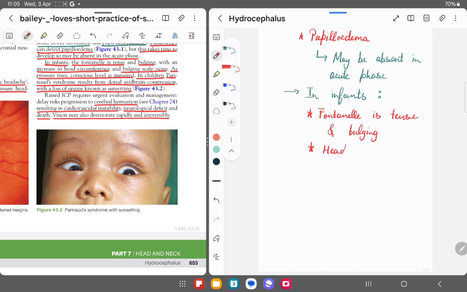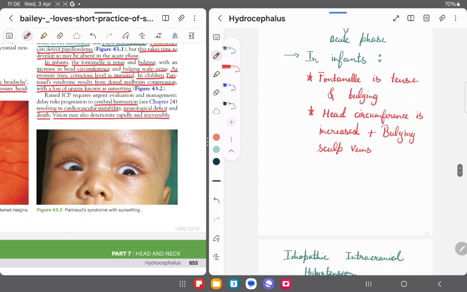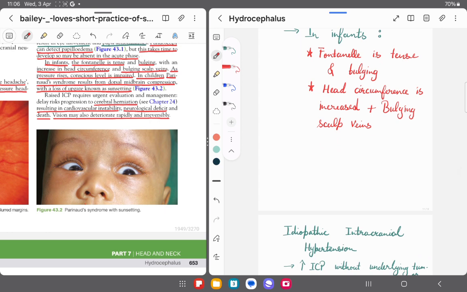Head circumference is increased, with bulging scalp veins. And with increase in pressure, consciousness level is impaired.